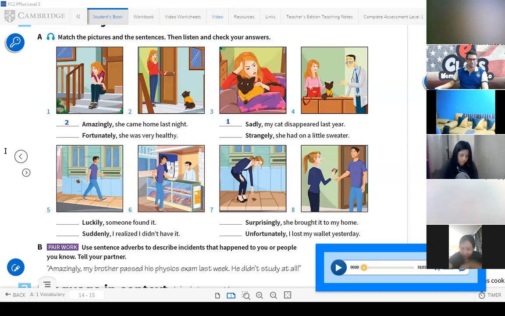What's number 3? What do you think? I'm gonna ask, a ver, let me see. Camones, what's number 3? Sorry, teacher. What's number 3, Camones?